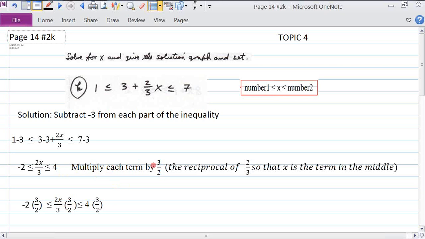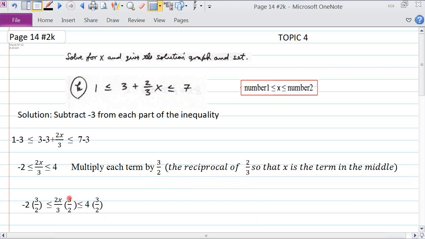So I'm multiplying each term by 3/2. 3/2 is the reciprocal. In other words, I take the 2 here and I bring it down to the denominator, and I bring the 3 up. That's the reciprocal. So I just reverse the position of the numerator and the denominator. I'm going to multiply each term by 3/2.